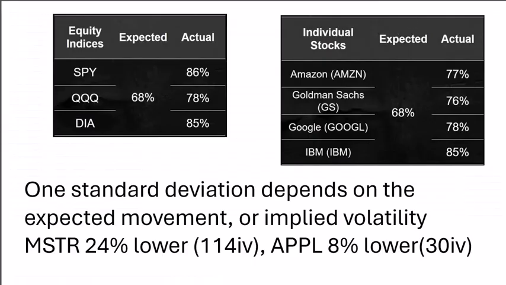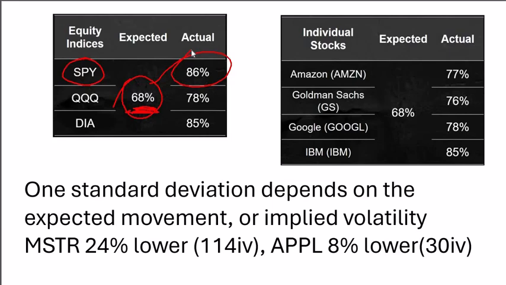Now, getting back to this particular issue, we can see some great data put together by Tasty Trade here. 68% of the time, the SPY is supposed to stay within a given range, one standard deviation. We don't have to know exactly what that range is, but historically, over years and years, this data has come in, and we can see that the actual percentage of the time that it stays within that one standard deviation range is actually 86%.